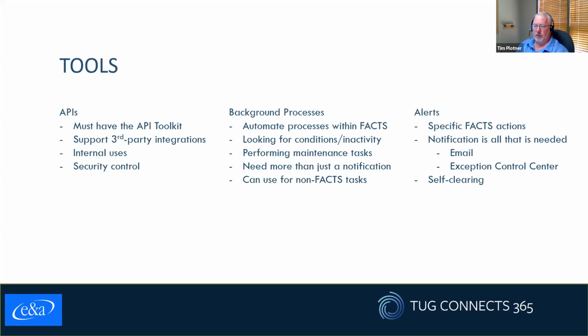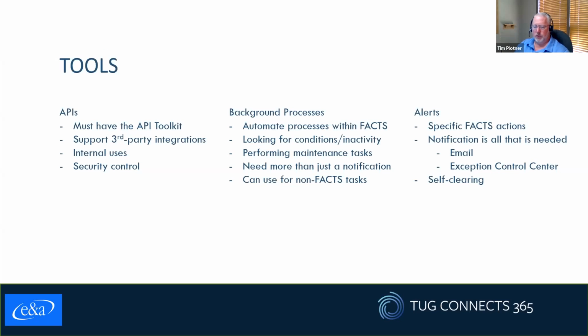I also will point out that APIs are fully security controlled. You have the ability to limit who can access an API, assign which companies they can access that API for, if you have multiple FACTS companies, and keep close access to that.